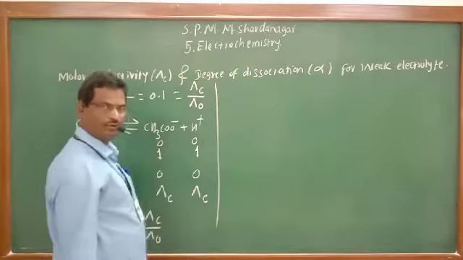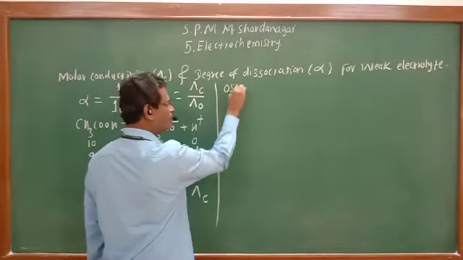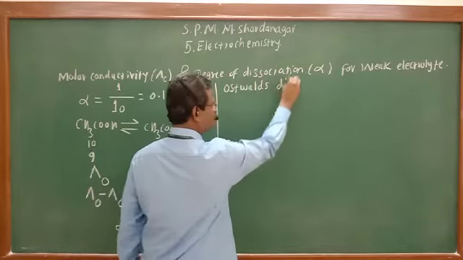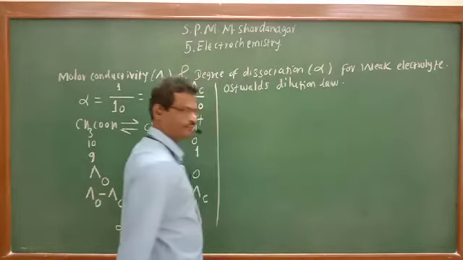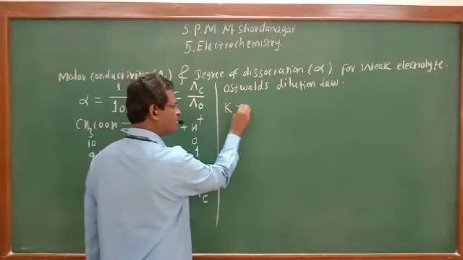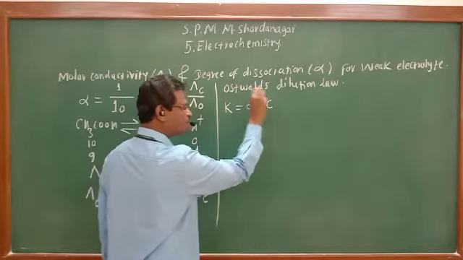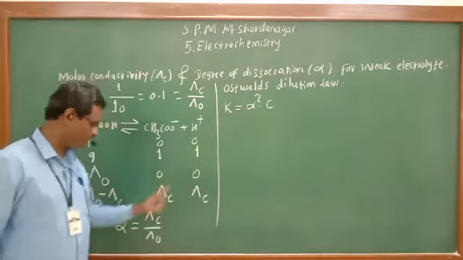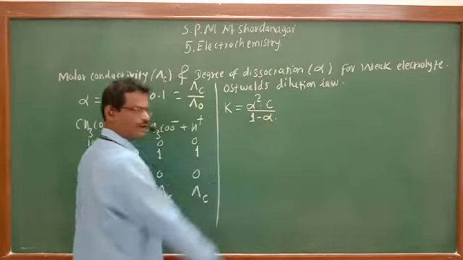According to that Ostwald dilution law, in the chapter of ionic equilibrium, we have seen this equation for dissociation constant: K will be equal to alpha square into C, concentration, divided by 1 minus alpha.